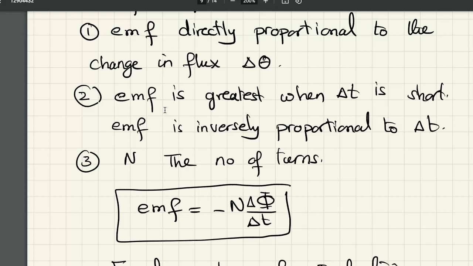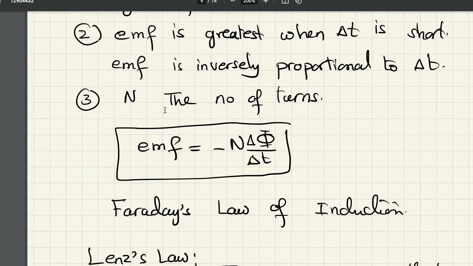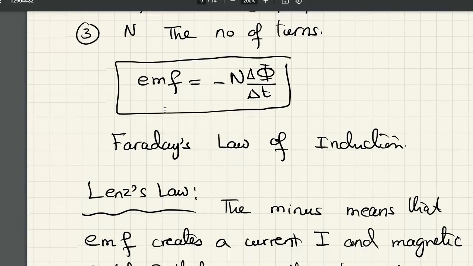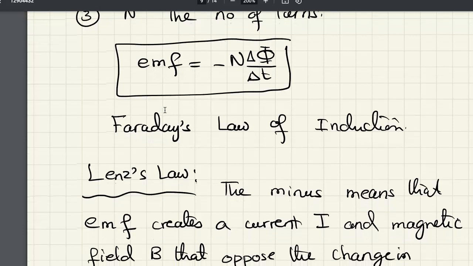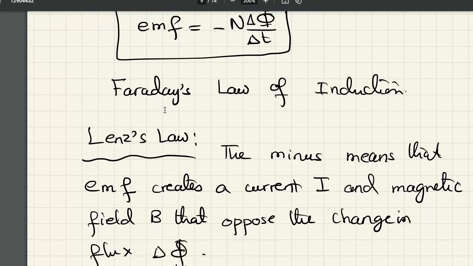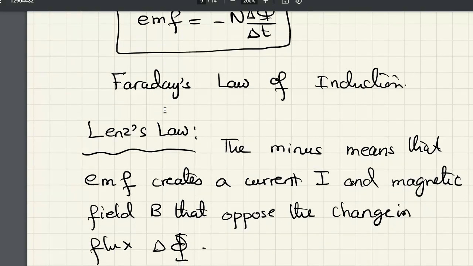This negative comes from Lenz's law. Lenz's law says that the minus means that the EMF creates a current I and a magnetic field that opposes the change in the flux, delta phi. What does that mean?